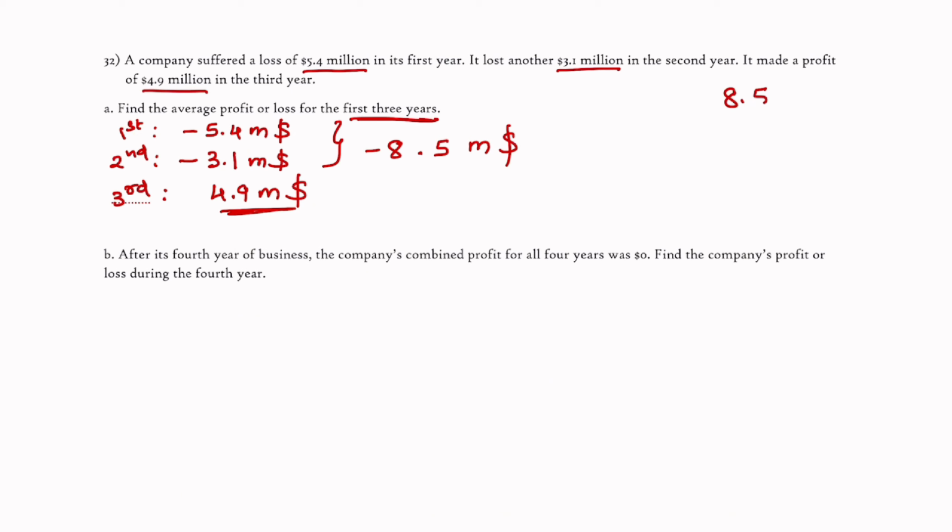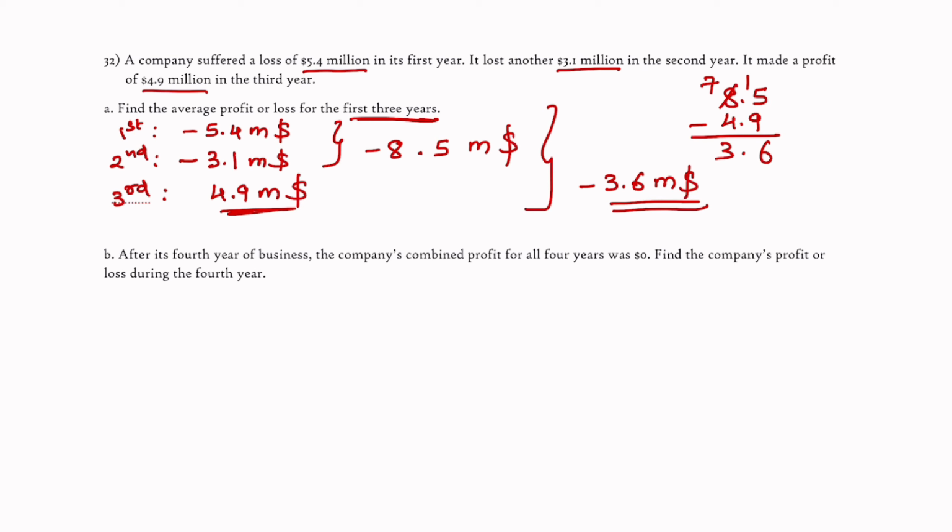Basically, we will subtract 4.9 from 8.5. And this is not doable, so we carry, and that's 6 and 3. At the end of the 3 years, the loss is $3.6 million. Okay. This company needs to do better. Hopefully it does. Let's go to the next part.